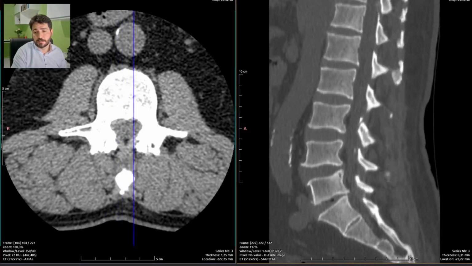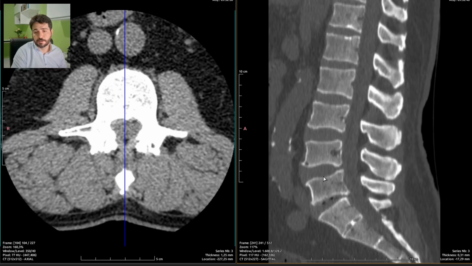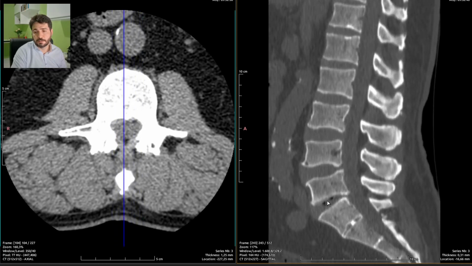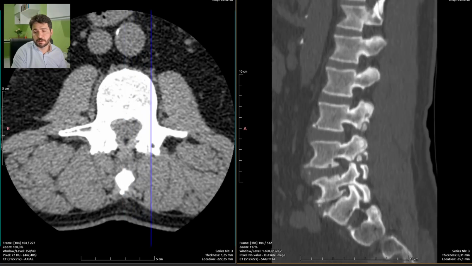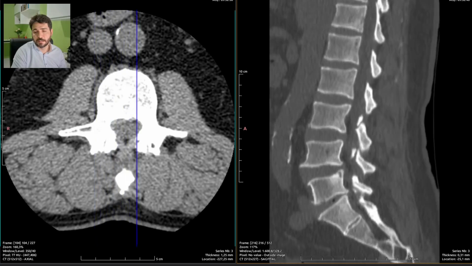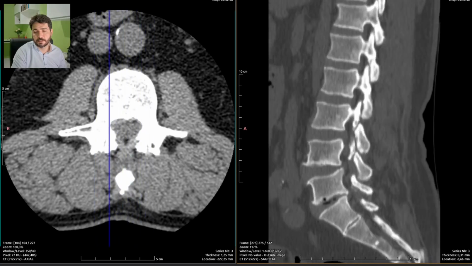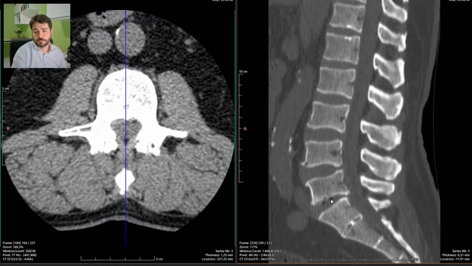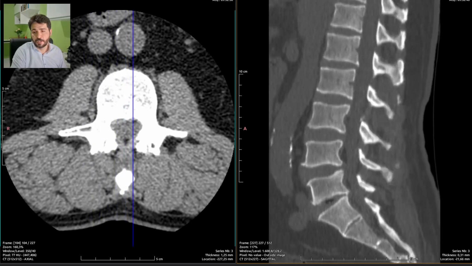Also, you guys can see here there is a decrease of the intervertebral disc spaces with accumulation of gas inside the disc on the approximate site of the nucleus pulposus, which is Latin for the core, the gelatinous core of the disc.